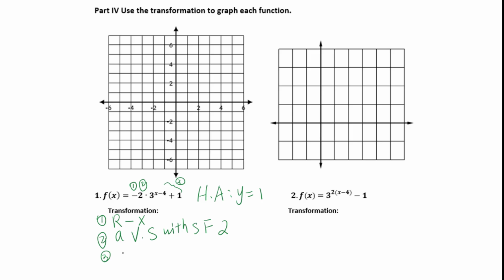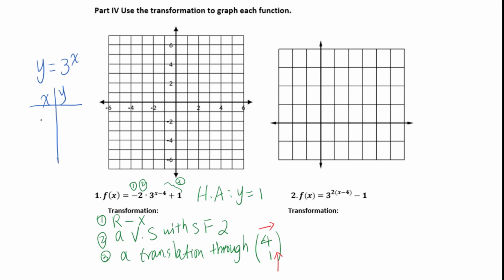For the third step, a translation through (4, 1), which means move to the right 4 units and go up 1 unit. For the parent function y equals 3 to the x power, x, y: -1, 0, 1, 1 over 3, 1, 3. We have these 3 points.